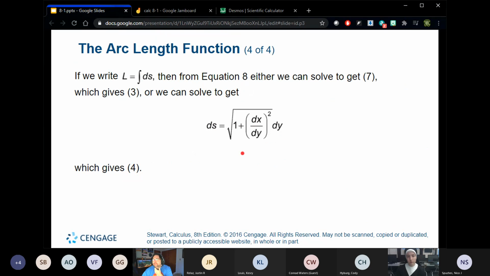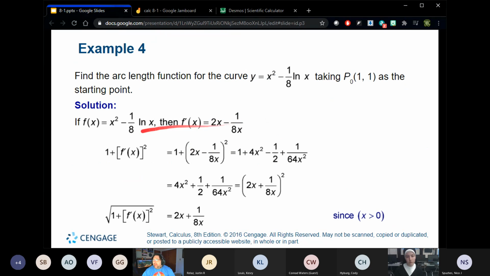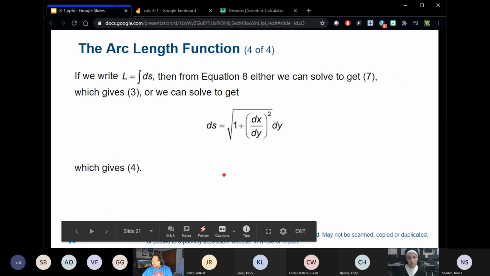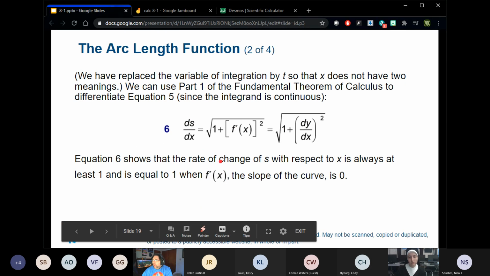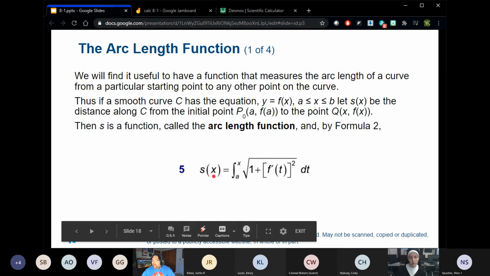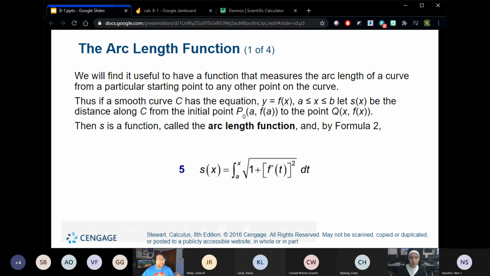When we're looking at it at the end, that s of x, notice how we're doing it in terms of the derivative of f of t. Since we're plugging the x back in, we just changed the variable, so this way we can plug the x back in at the end. It doesn't really make a grand scheme of difference because you're going to plug the number back in anyway.